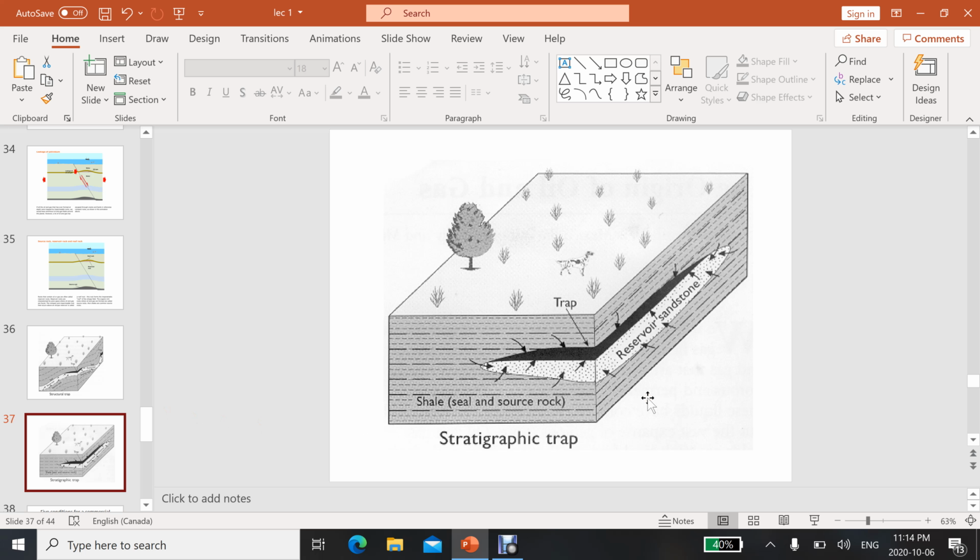As you can see, here is an example of a stratigraphic trap, and this dark black is the oil accumulated in this trap, in the reservoir sandstone, and all this reservoir is surrounded by shale. In this particular scenario, your shale is acting as seal as well as source rock. So it can also be possible.